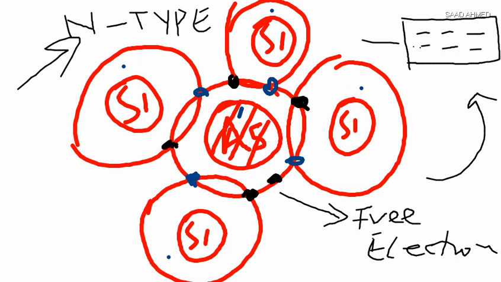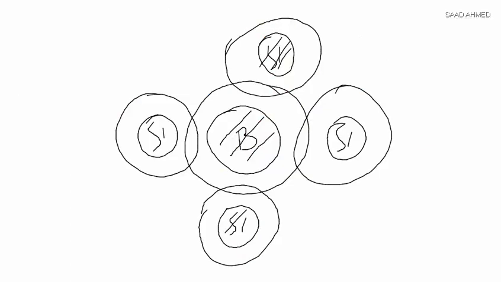Okay, look at this. We have a central atom, an impurity atom coming from the trivalent group 3 element, that is boron, and the neighboring atoms are 4 silicon atoms. We have 4 black electrons which are coming from the neighboring atoms, and boron, shown in red, has 3 valence electrons.